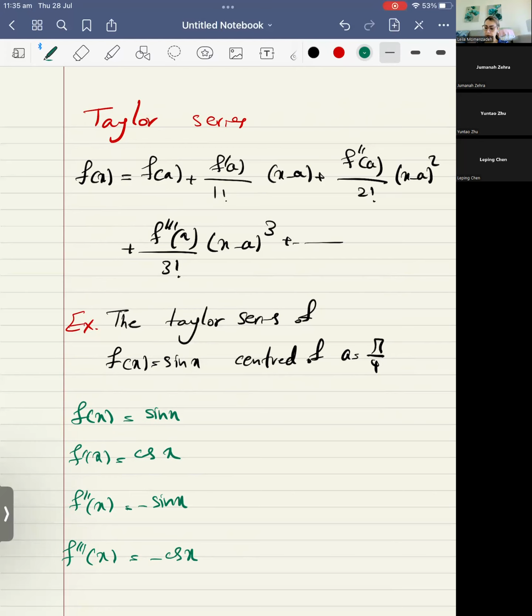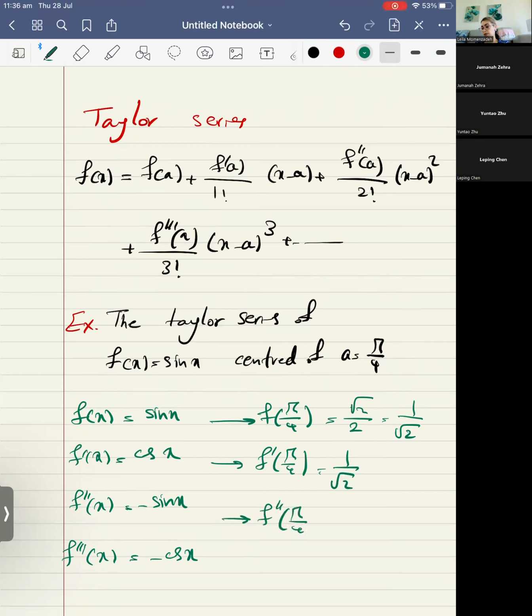If you check here, f(pi over 4) is equal to square root of 2 over 2, or 1 over square root of 2, and f prime(pi over 4) is 1 over square root of 2, f double prime(pi over 4) is minus 1 over square root of 2, and so on.